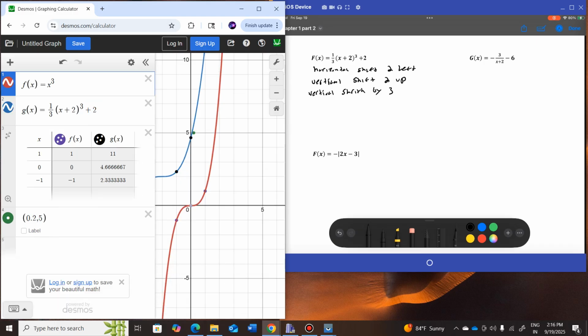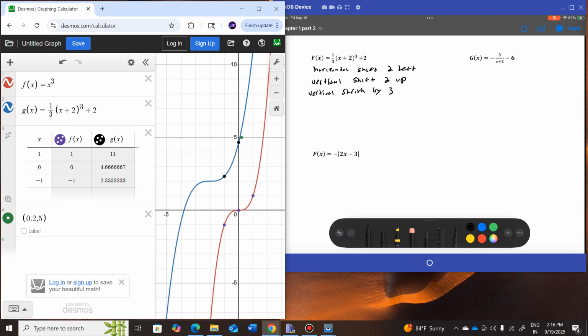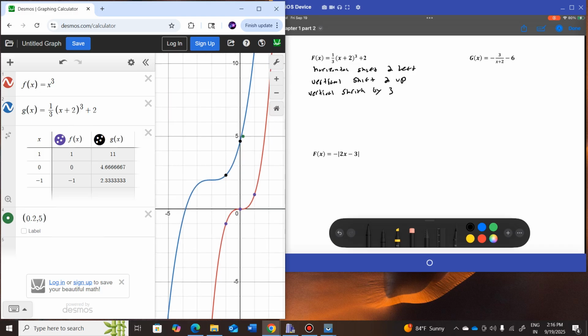So it's shrunken down some. Let's move this over. Get rid of that point.